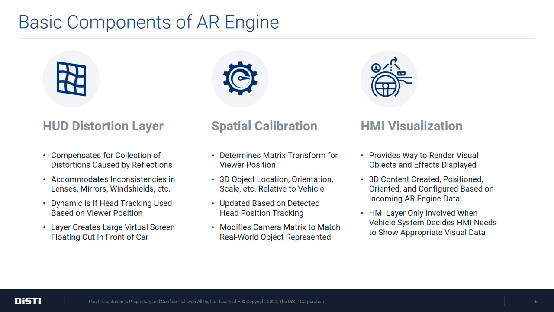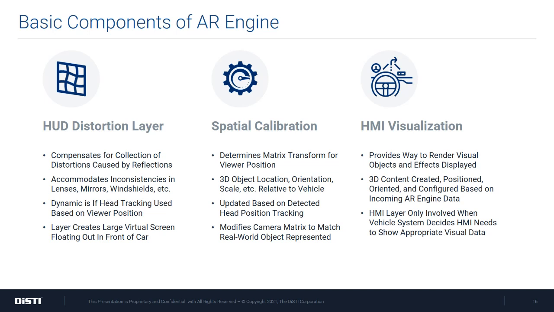Likewise, the location of the driver's eye needs to be tracked, because if you're 10 inches to the left or 5 inches taller than the driver before you, you're going to be getting a different view through your viewing frustum as well. So when we take a look at the spatial calibration, we're really looking at taking objects and being able to transform them in 3D space, not just on a 2D display anymore.